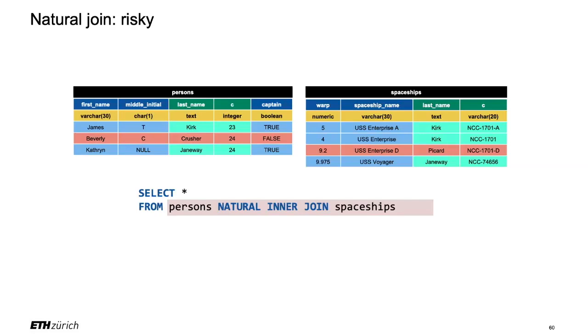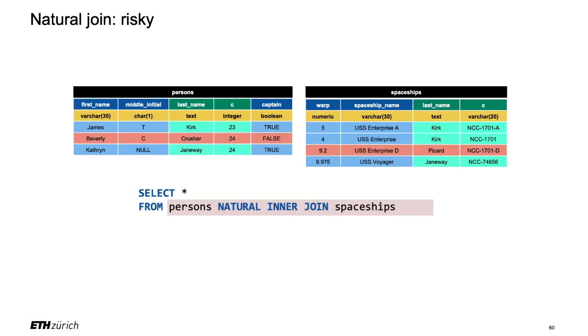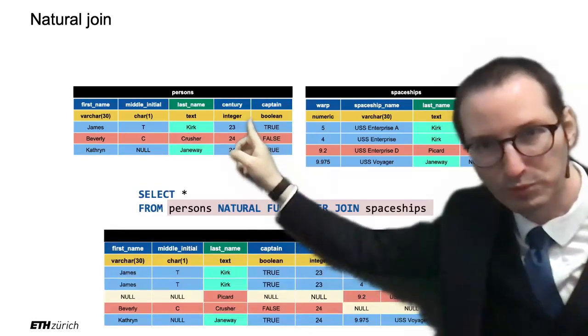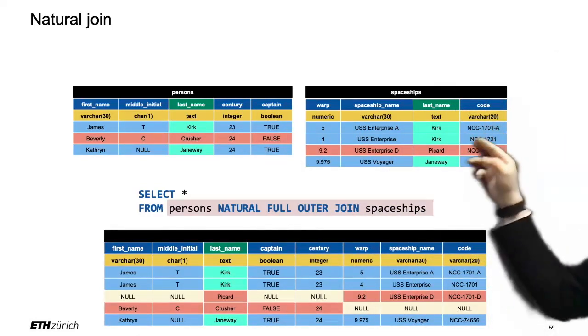Oh, yes. So here, I didn't just change to inner join. That would actually work here. You could do an inner join. You would just not have the two lines with nulls in an inner join. But here I did something else. I also changed the names of the columns here and here. They used to be called century and code of the spaceship.